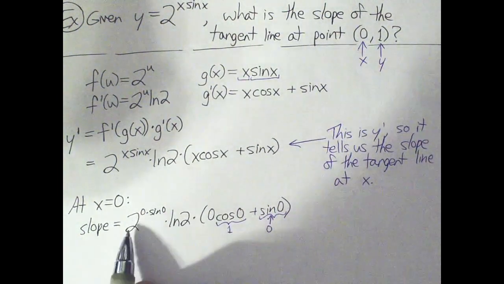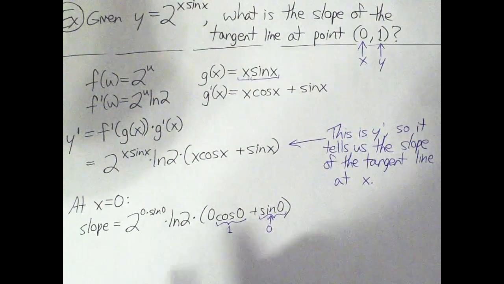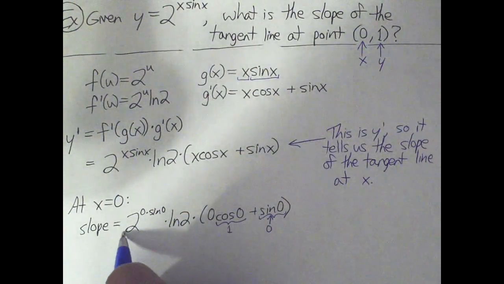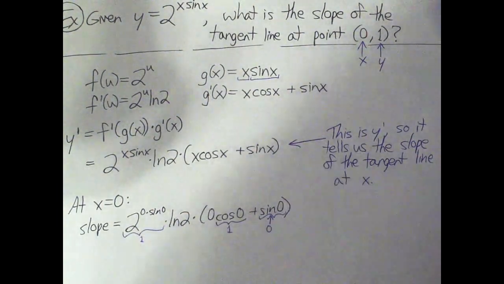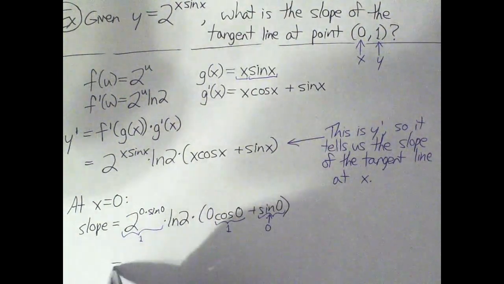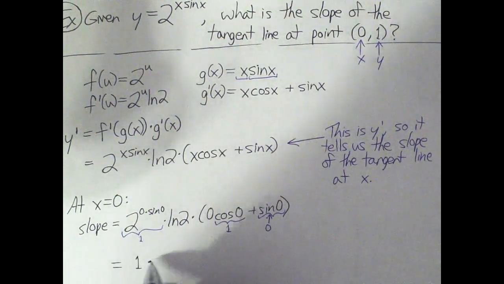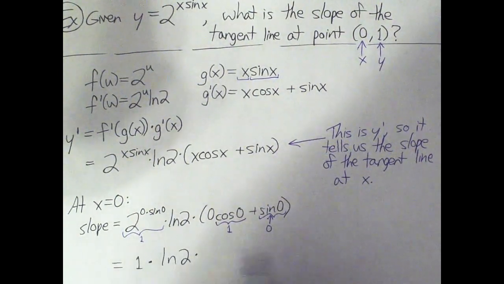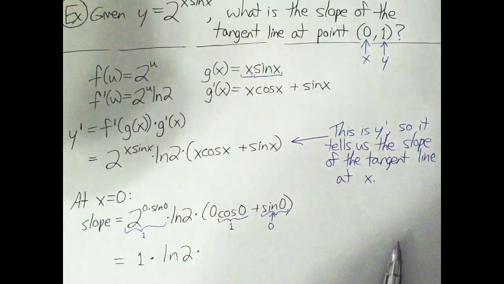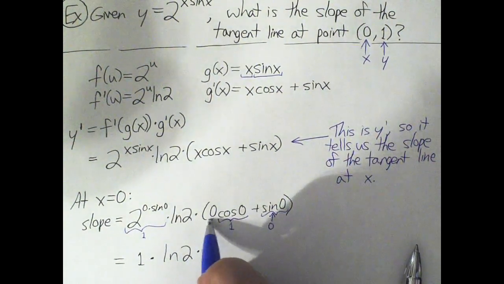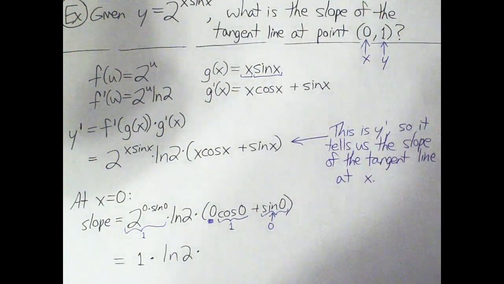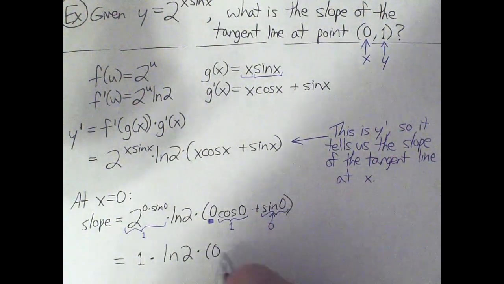So this thing here is 2 to the 0. 2 to the 0 is 1. All right, so what have I got? I've got 1 times ln 2 times... It looks like there's a 1 here, but don't forget that there's a 0 in front of it. So this is going to be times 0 plus 0.